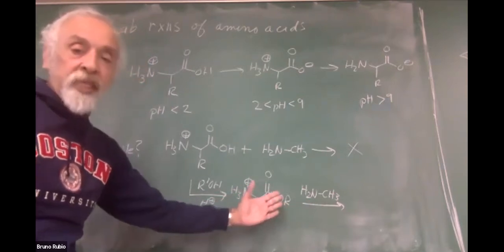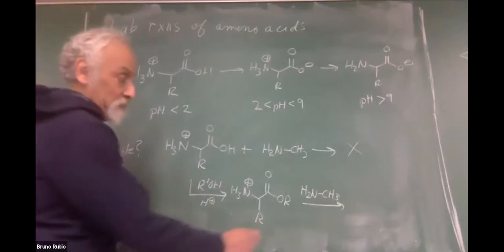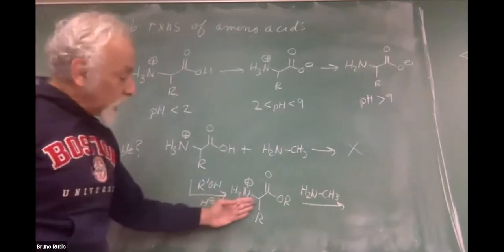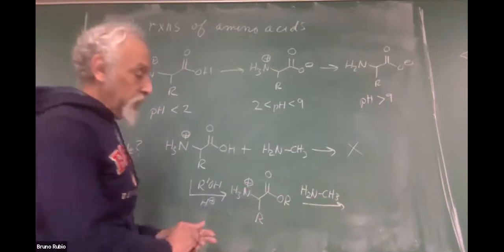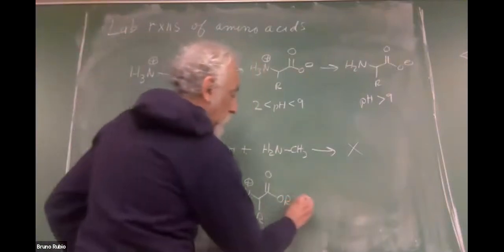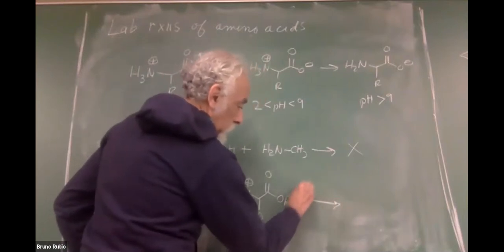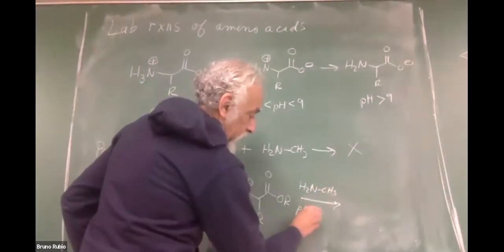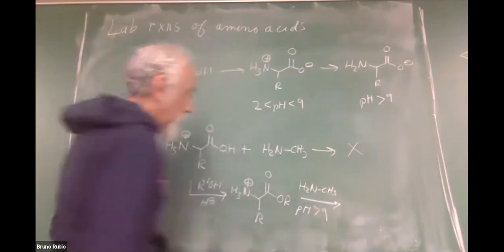I can do this at really any pH I want. I could do this at neutral pH or at acidic pH. I'm going to try to do it at basic pH, at a pH greater than 9 or 10.